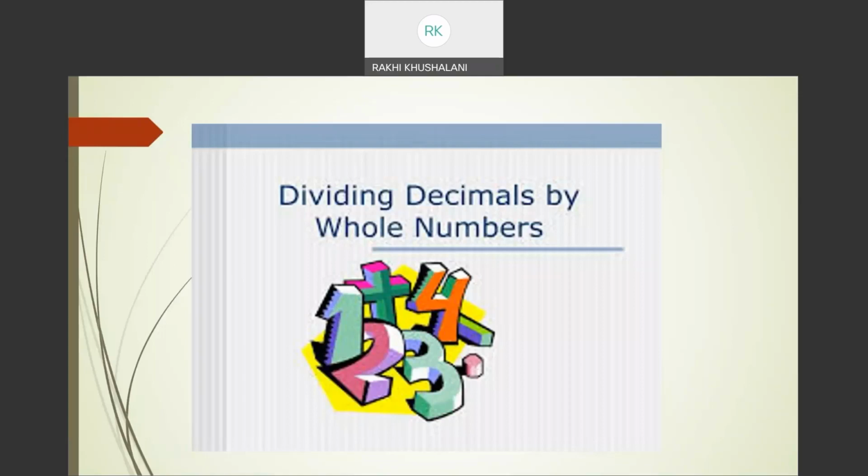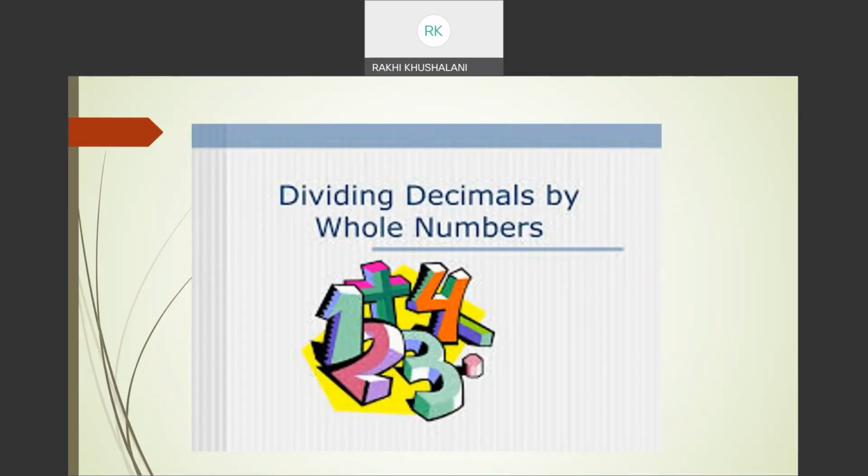We have done all the previous three arithmetic operations, that is addition, subtraction, multiplication. We also did multiplication by multiples of tens, that is 10, 100, 1000, 10,000 and so on.